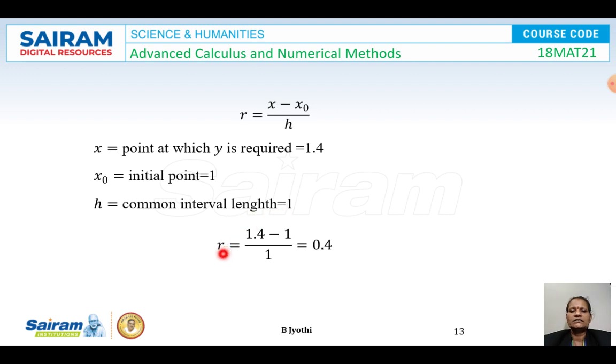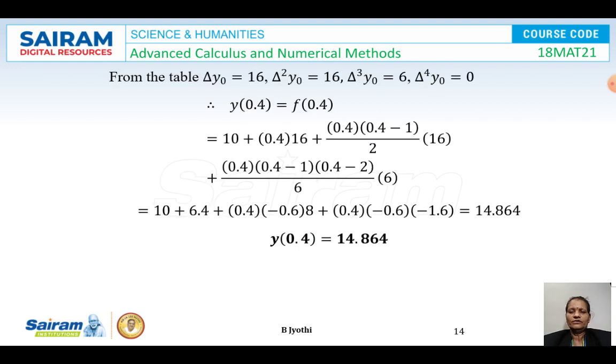So r is calculated as 1.4 minus x0, which is 1, divided by h, which is 1, which is equal to 0.4. From the table we have del y0 is 16, del square y0 is 16, del cube y0 is 6 and del power 4 y0 is 0.